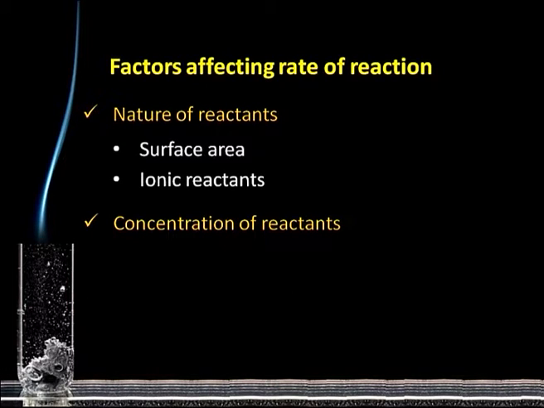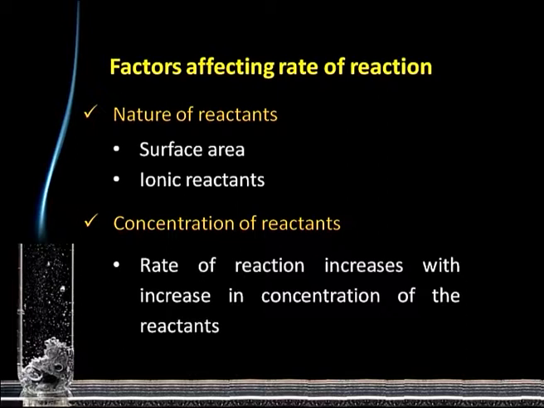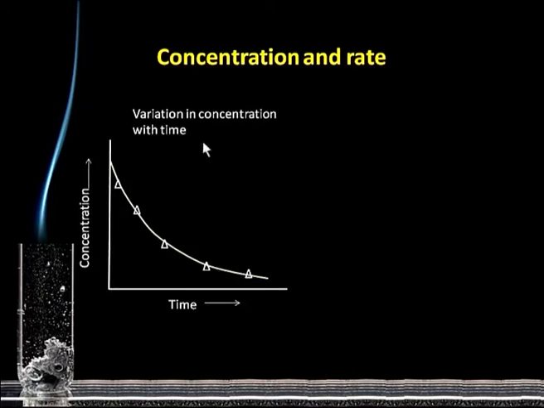Concentration of the reactants. With the increase in concentration, rate of reaction increases, or if the concentration decreases, the rate of reaction decreases. So here we can look at, if you start the reaction, the concentration of the reactant goes down because the reactant is consumed.